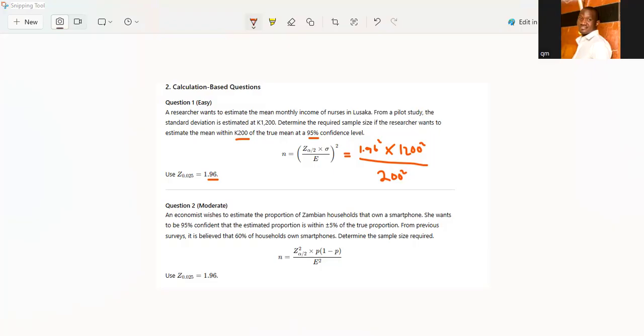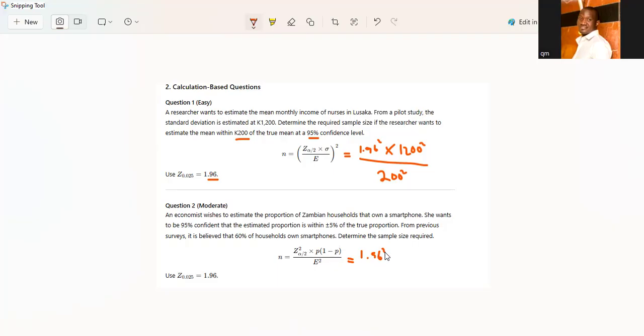The next question: an economist wishes to estimate the proportion of households that own a smartphone. They plan to be 95% confident that the proportion will be within plus or minus 5% of the true value. From previous surveys, it is believed that 60% of households own smartphones. Determine the sample size required. What is our Z at 95%? 1.96, so we put 1.96 squared.